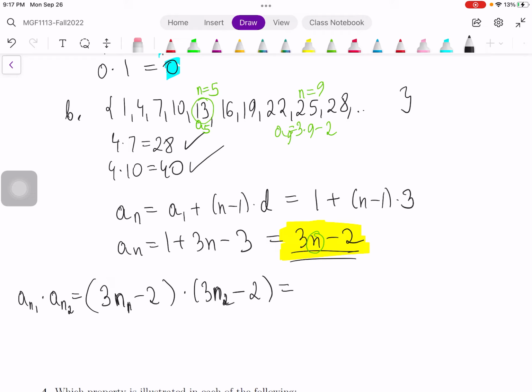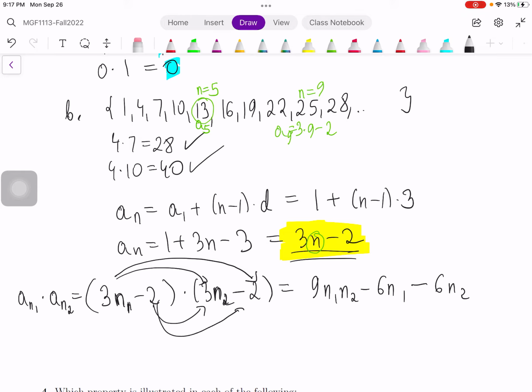Now when you perform this multiplication, using the distributive law, this times this is 9 n1 n2. This is 6 n1, my mistake, then this would be 6 n2, and this would be plus 4.